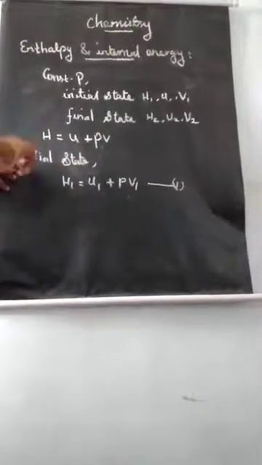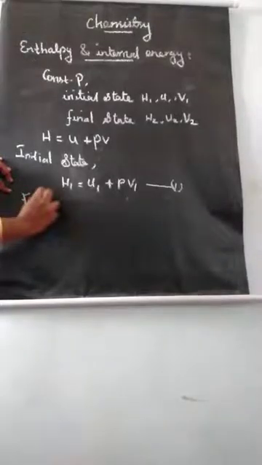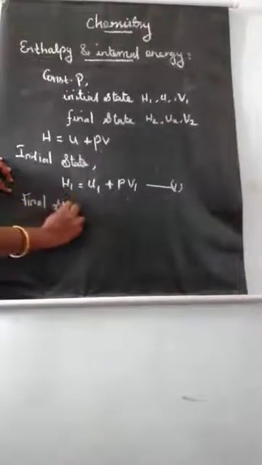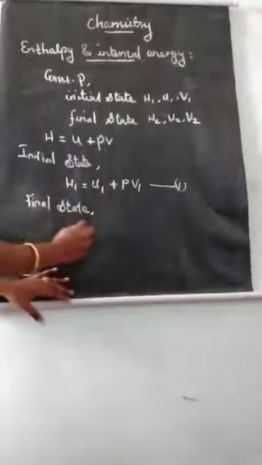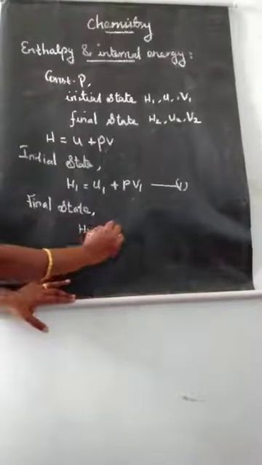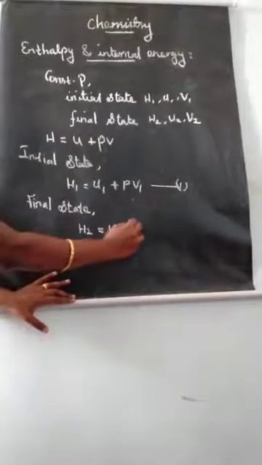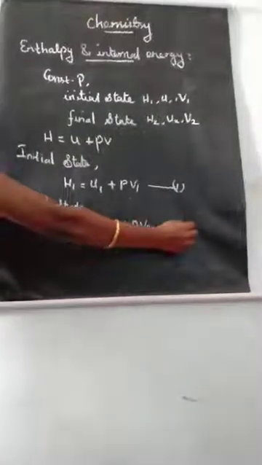In the same way, for the final state we can write H2 is equal to U2 plus P into V2. Consider this equation 2. Now you just subtract.